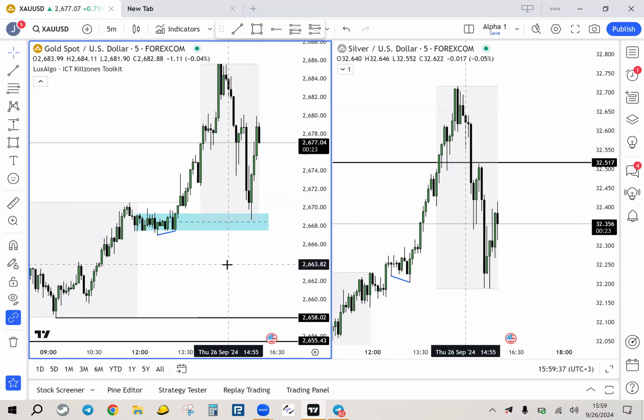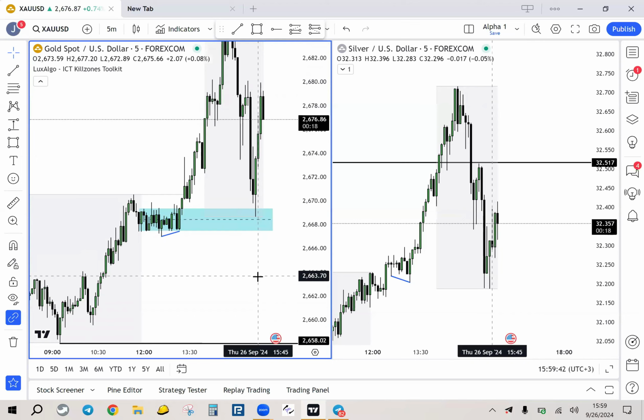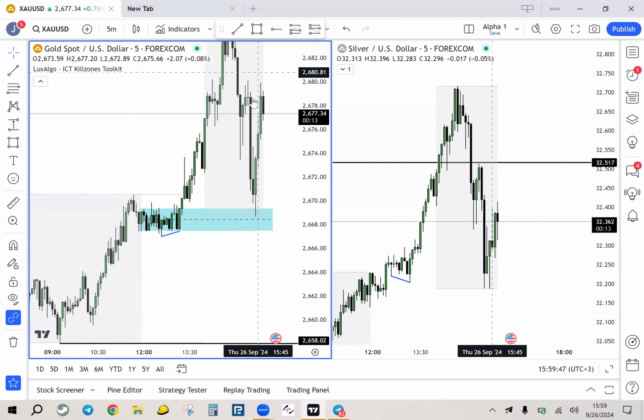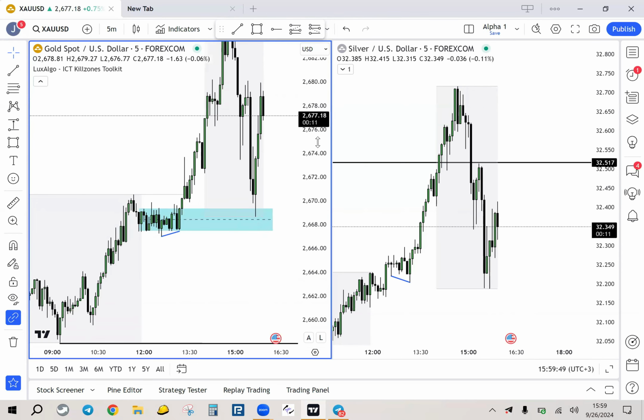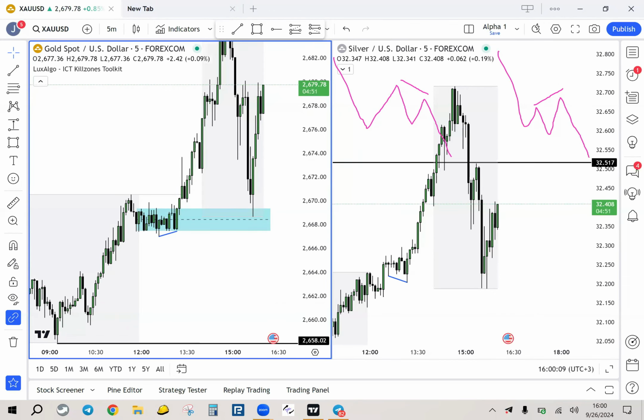So what is this signaling? Gold making a higher low and silver making a lower low in a bullish market. This signals bullish continuation. Just like the other one, where in a bearish market gold creates a lower high and silver creates a higher high. So the divergence at the highs indicates selling.